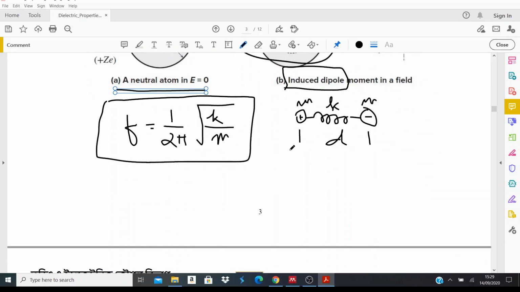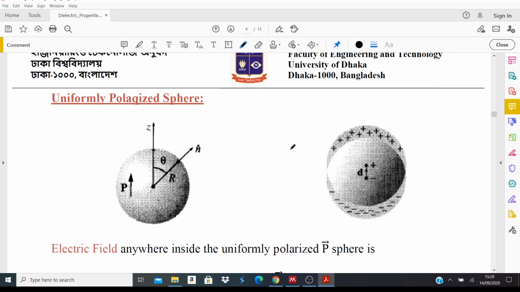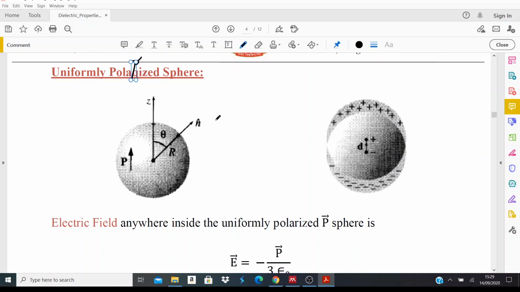Okay, and then the last thing that I want to introduce here is this concept of a uniformly polarized sphere. These things we will be using in some lectures where we will estimate the electric field in some insulating material. So we need these formulas from our discussion of electromagnetics.